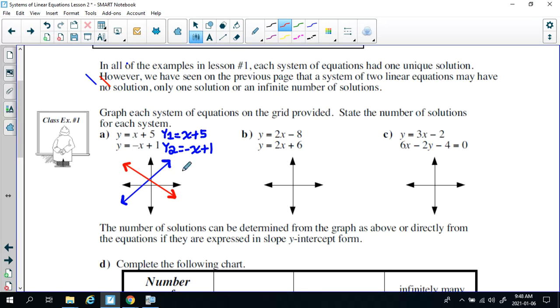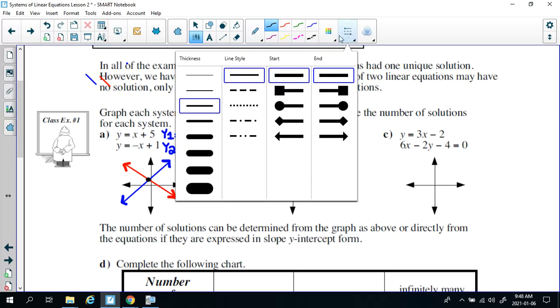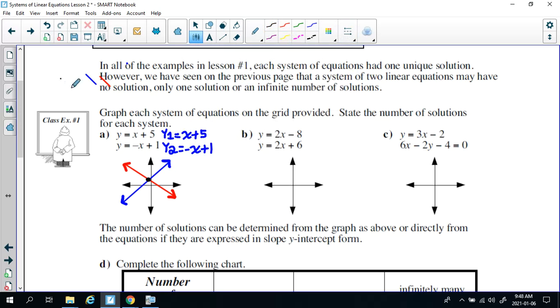These two lines have a single intersection point. So my single intersection point would be located right here, okay? Now, if you have a single intersection point, it means you have exactly one solution. So I can just write this down here.